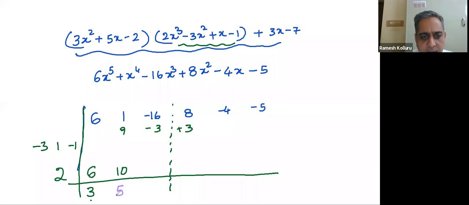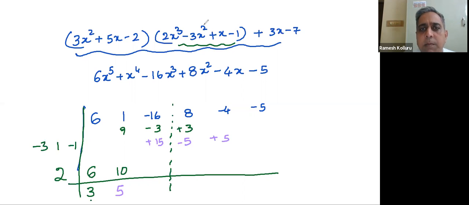So 2 5s are 10, 5 3s are 15, so minus 15 means plus 15. 5 1s are 5, so sorry, minus 5 here, minus 5 becomes plus 5.